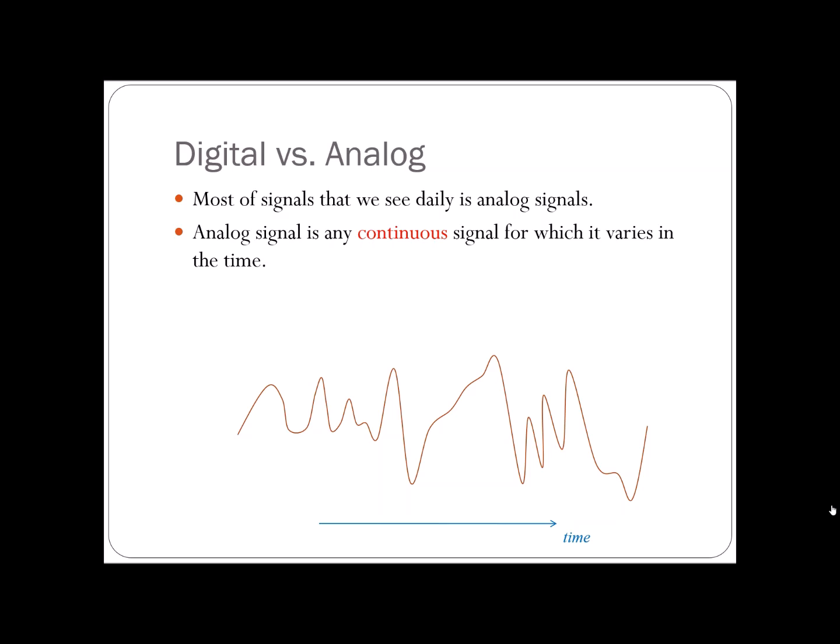Because the value in it is continuous, right? It's always giving a continuous value for non-disrupted time. But in real practice, when we are going to record a signal, including an analog signal, we need to discretize it.